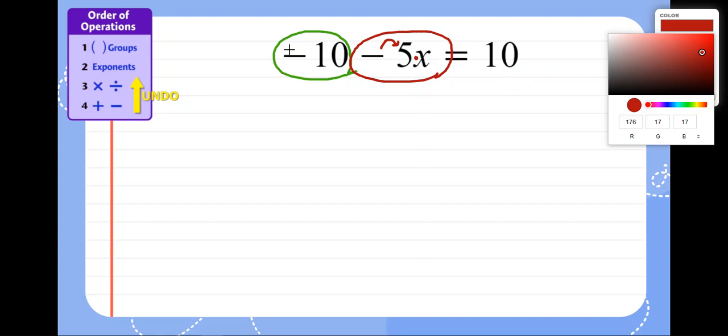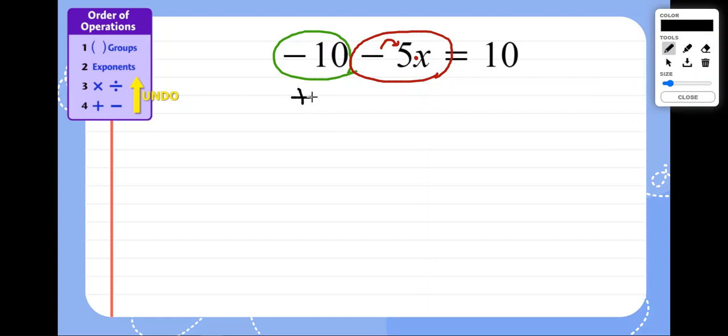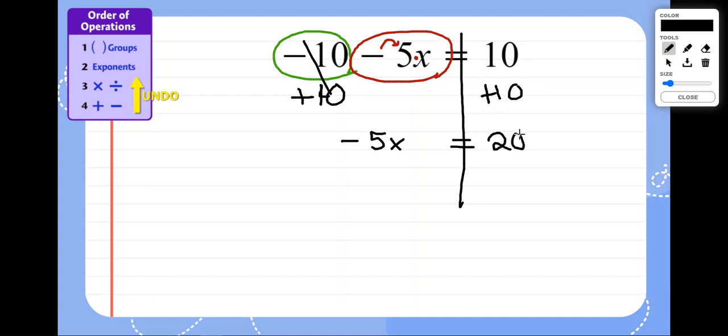So even though this is a negative 10, you can think of it as subtracting 10, because doing the negative is still the opposite, or subtracting, taking away. So to do the inverse of that, we would add 10 to both sides, which cancels out, leaving us with negative 5 times x, or negative 5x, equals 20.